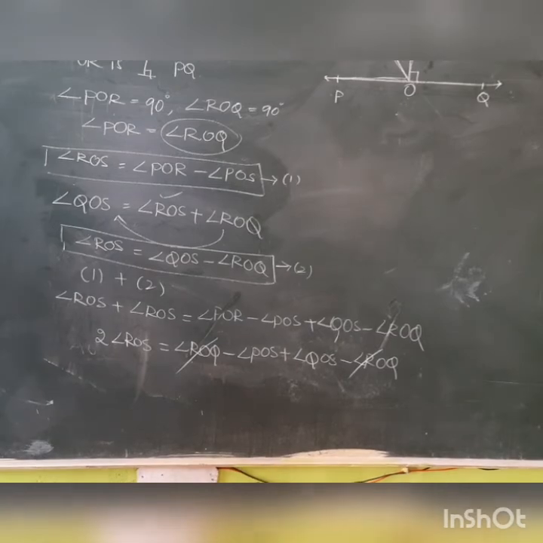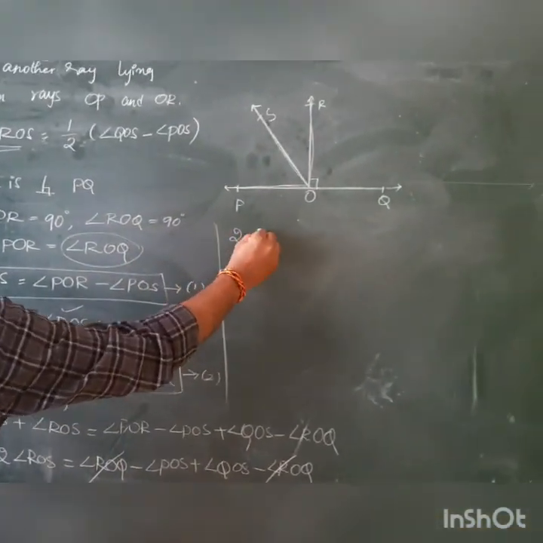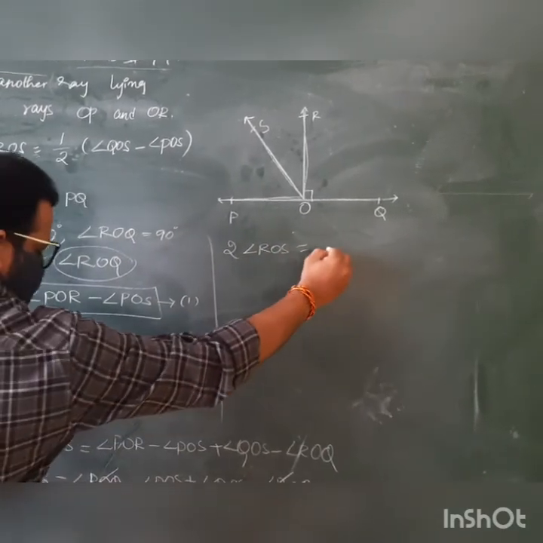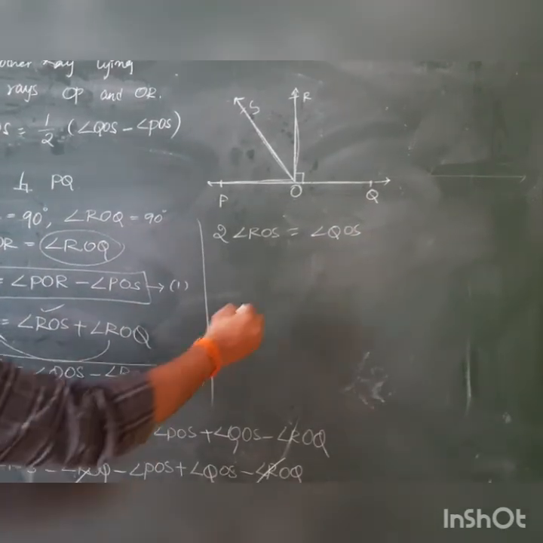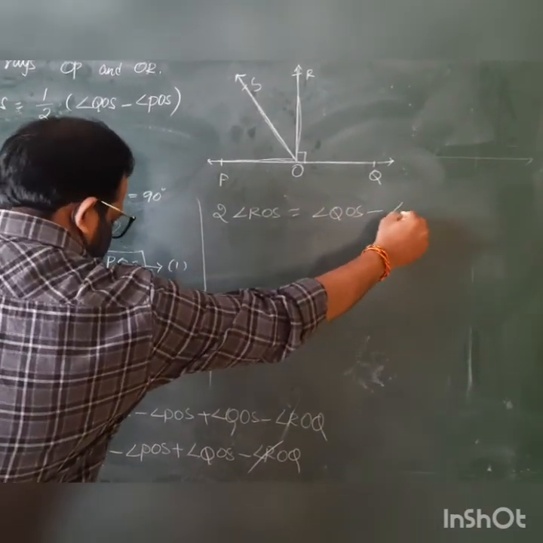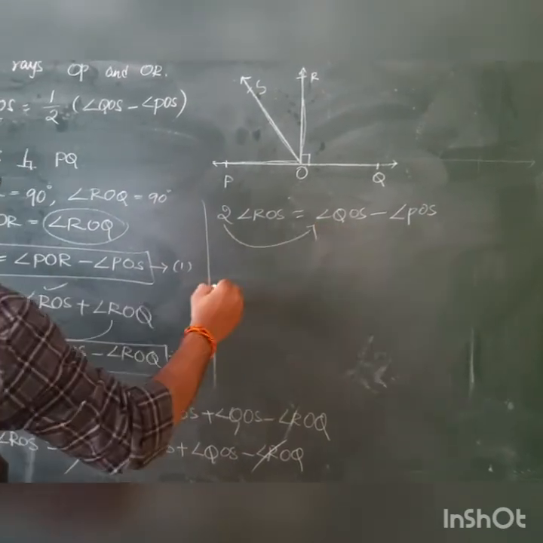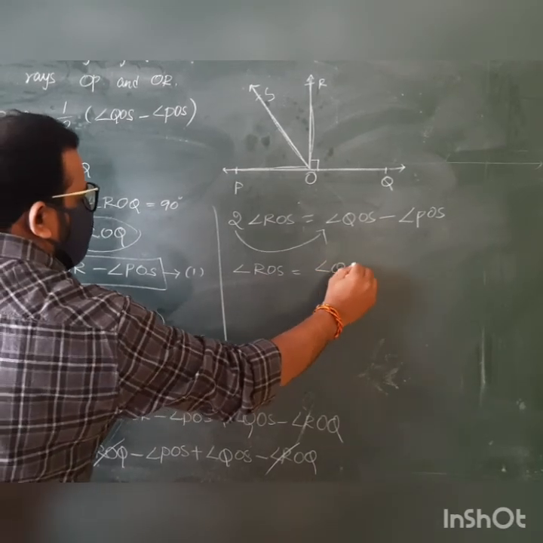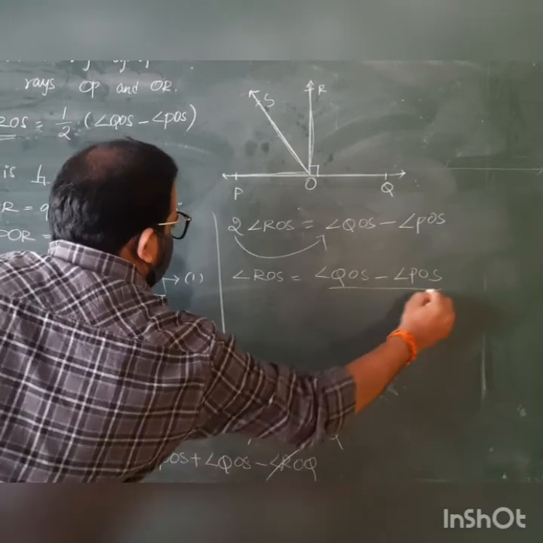So we remain with 2 angle ROS equal to angle QOS minus angle POS. Taking this 2 to the other side, angle ROS equal to angle QOS minus angle POS, divided by 2.